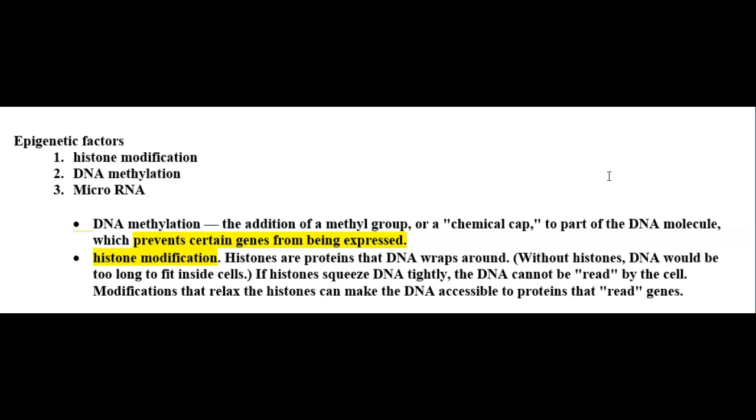They have to let some of that DNA out so that it can be read by whatever is going to read it, like the messenger RNA. So there's going to be modifications that relax these histones to make that DNA accessible so that transcription can take place, and then translation can take place and the proteins can be made.